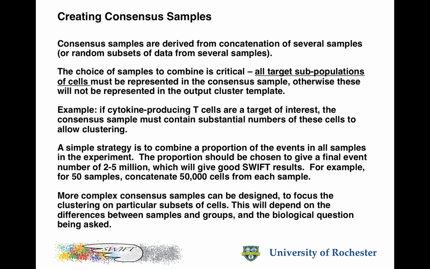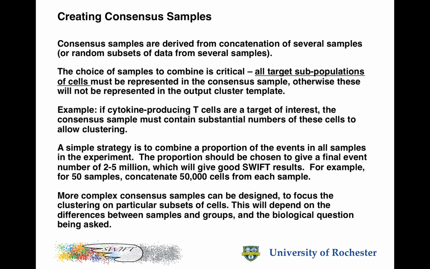For example, if cytokine-producing T cells are the target of interest in your particular set of experiments, then the consensus sample must contain substantial numbers of these, enough to cluster. And for Swift, that means that we need as many cells as we have dimensions. So in a 20-dimensional experiment, then we need at least 20 cells per subpopulation for Swift to be able to find it.